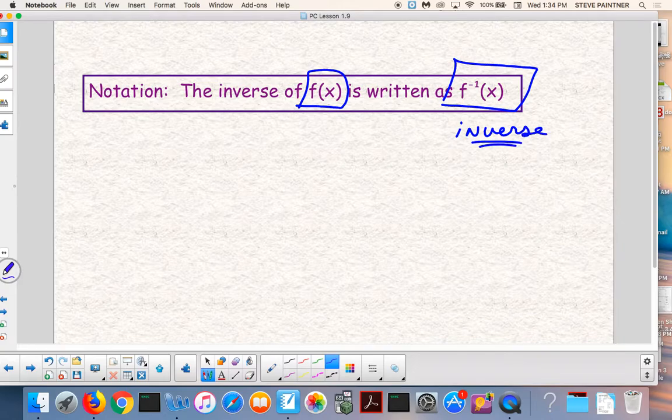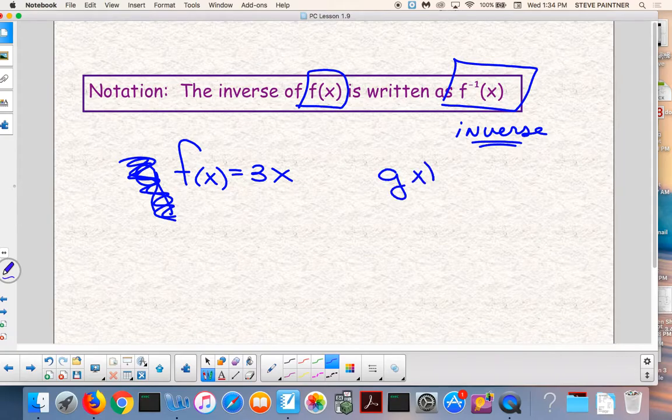So do you remember the first slide? The first slide I gave you, no I didn't. I gave you this, didn't I? I said f of x is 3x, right? And then I said, oh, what would be the inverse to this? And I said g of x, right? And I said this would be the inverse, right? Well, that's me just saying f is the function, g is the inverse.